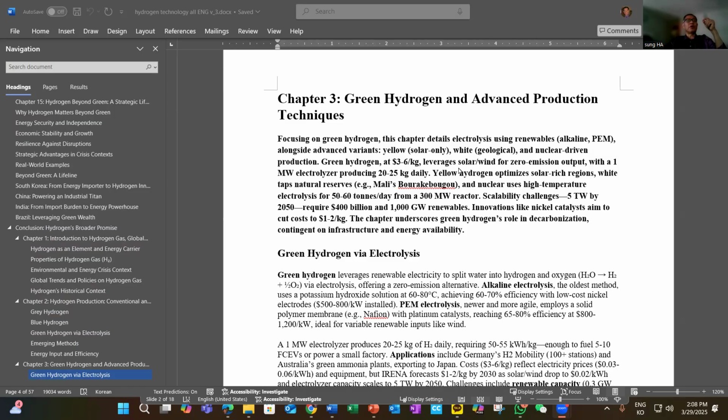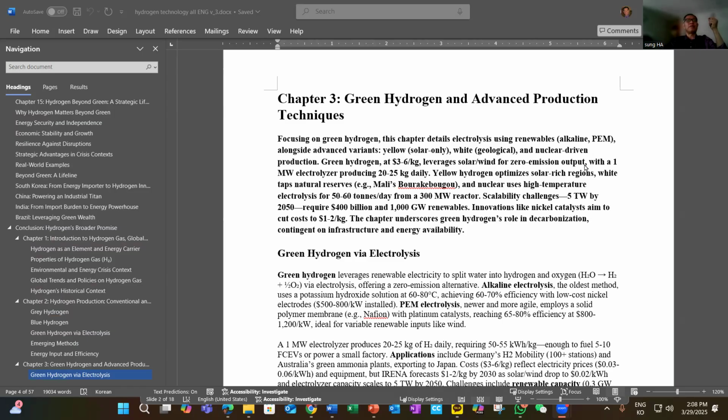And it leverages solar and wind. These are the two most typical renewable energies for zero emission. Again, green hydrogen is very clean, with no CO2 emissions. And so a lot of technology has been developed for green hydrogen production.